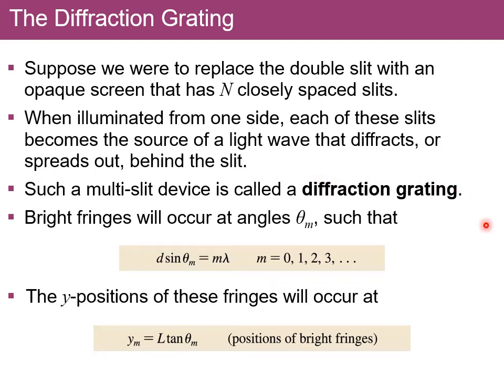Bright fringes will occur at angles theta m such that d sine theta m equals m lambda, where again m can take on any integer value. The y positions of these bright fringes will occur at y m equals L tan theta m.